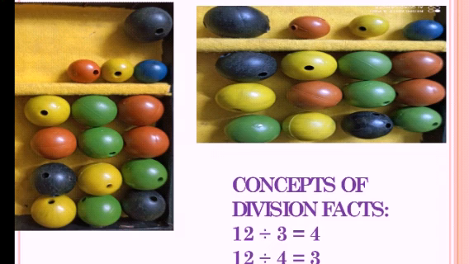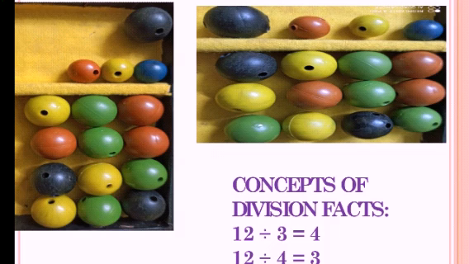So this is what we have to understand. So 12 when divided by 3 gives 4 as an answer. Similarly, if we replace 3 by 4, that is 12 divided by 4, it will give 3 as an answer. And one more thing, 3 multiplied by 4 is 12. So this is the concept of division facts.